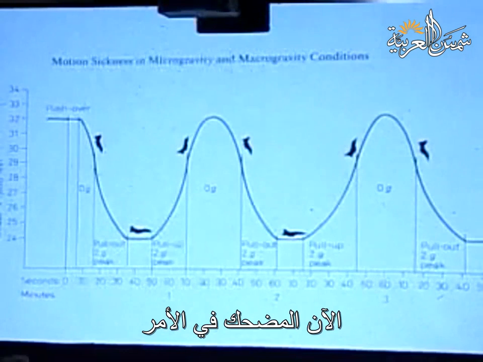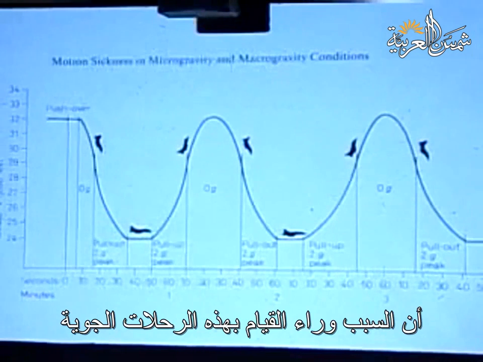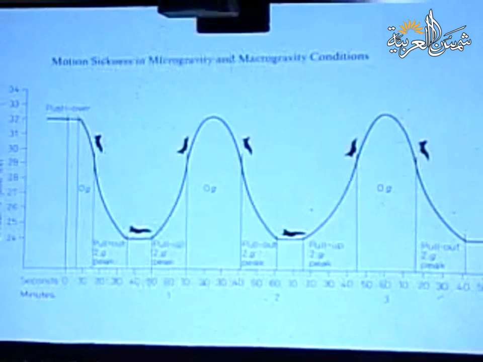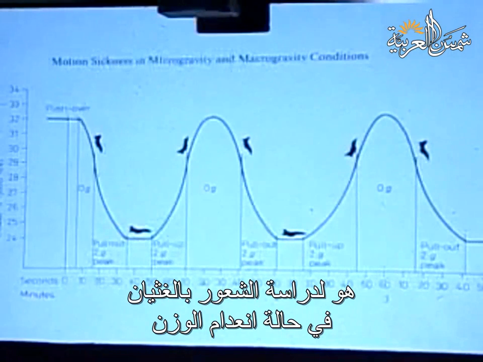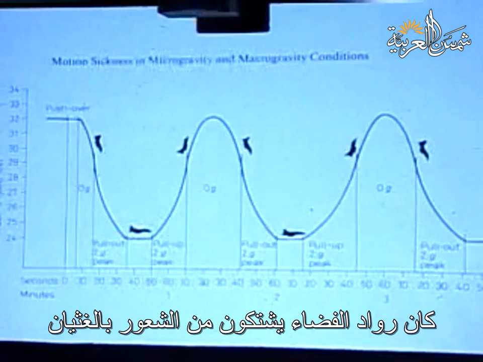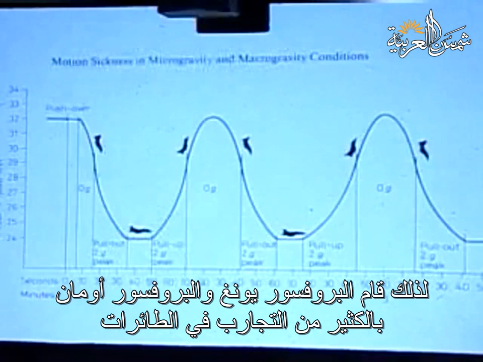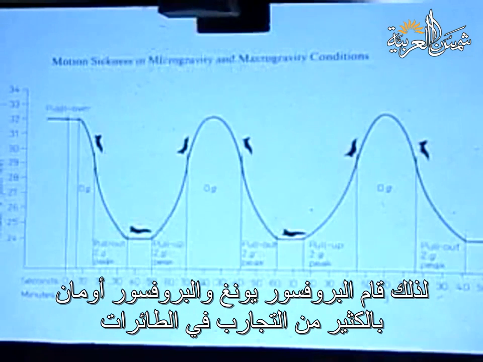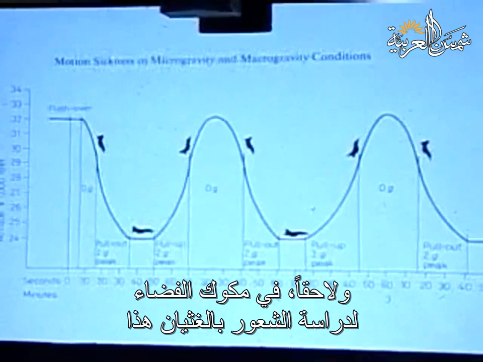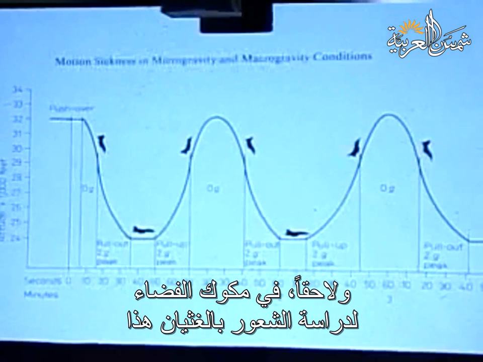Now, the irony is that the reason why these flights are done is to study motion sickness under weightless conditions. Astronauts were complaining about motion sickness. And so Professor Young and Oman have done lots and lots of experiments with airplanes, and later also in the shuttle, to study this motion sickness.